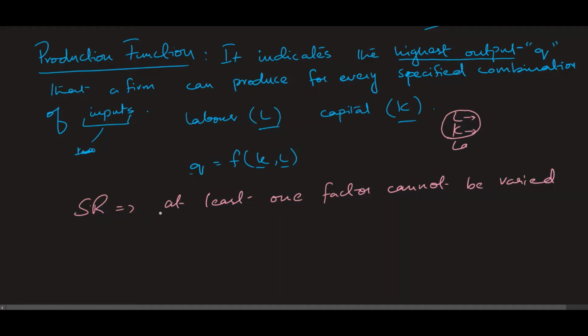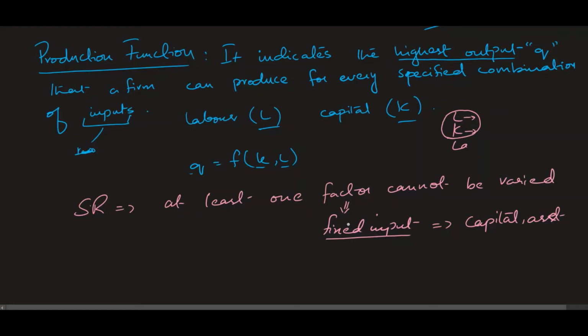So the definition of short run is a time period in which at least one factor cannot be varied, and the factor we are talking about here is a fixed input. When we say fixed input, we mean that we cannot change the quantity of it, and in this context we are talking about capital, the capital or asset of a company or firm.